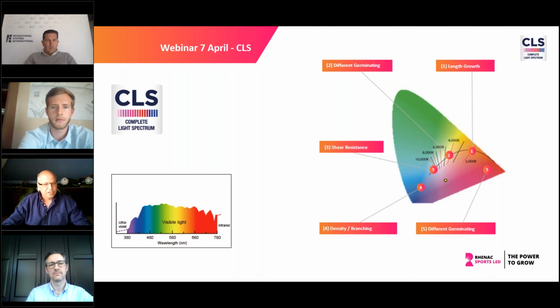In the left-hand corner below, you can see the visible light spectrum with the appropriate wavelengths in nanometers. And completely on the left-hand side, you can see the ultraviolet part, actually everything below the 380 nanometers. And that's the part we're going to discuss with you today, because that also has its benefits.